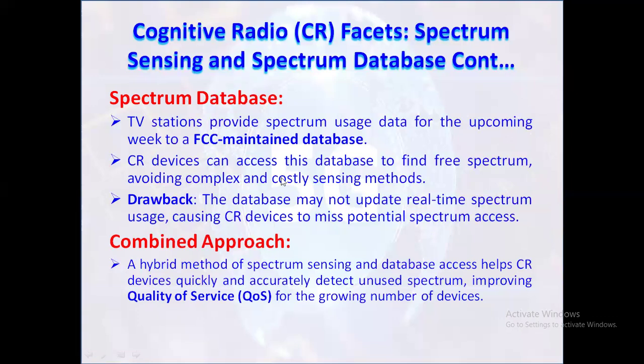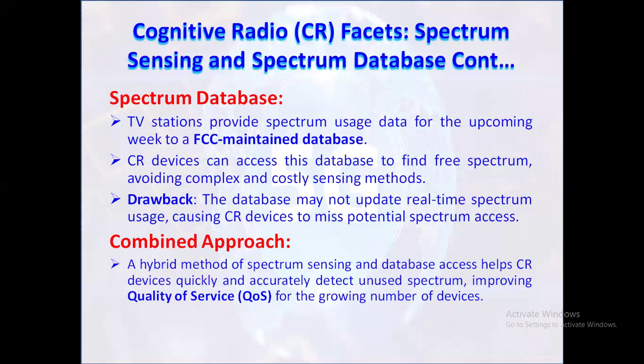Next, the combined approach. To overcome the limitations of both spectrum sensing and database access, a combined approach is often used in CR systems. By integrating both methods, spectrum sensing and accessing a spectrum database, CR devices can quickly and accurately detect unused spectrum. This hybrid method allows for more efficient spectrum utilization, ensuring that devices can access available spectrum more reliably.